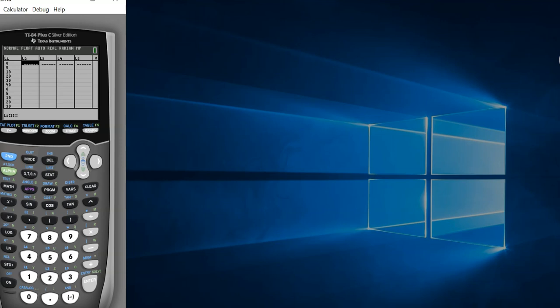Which I'm going to have to grab. Exponential function.